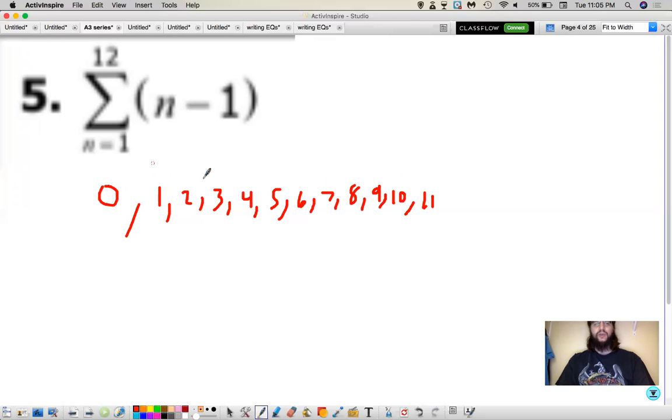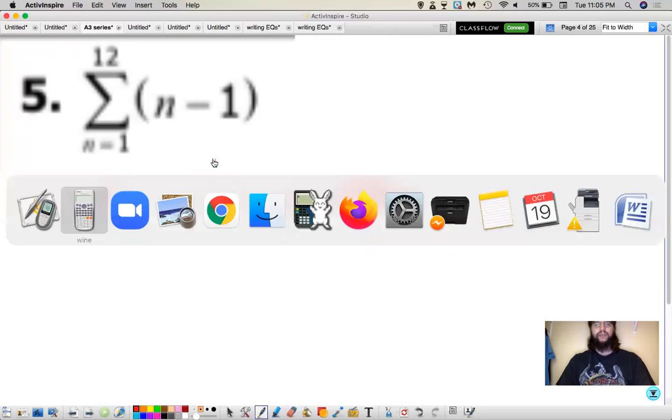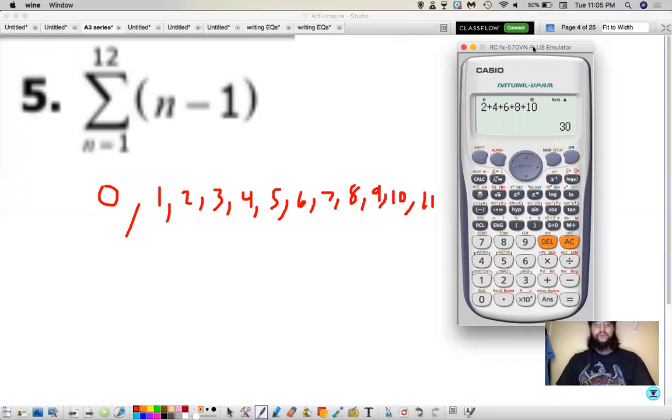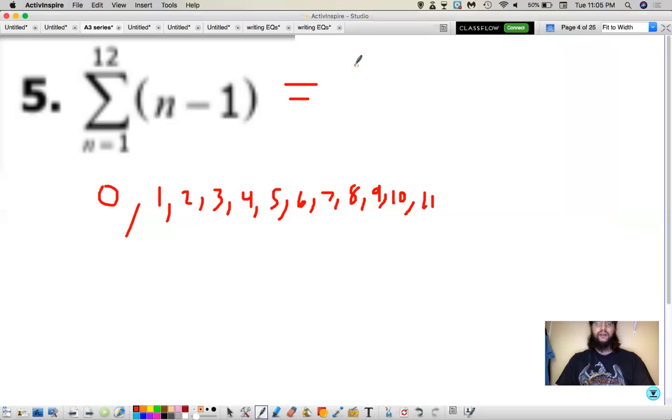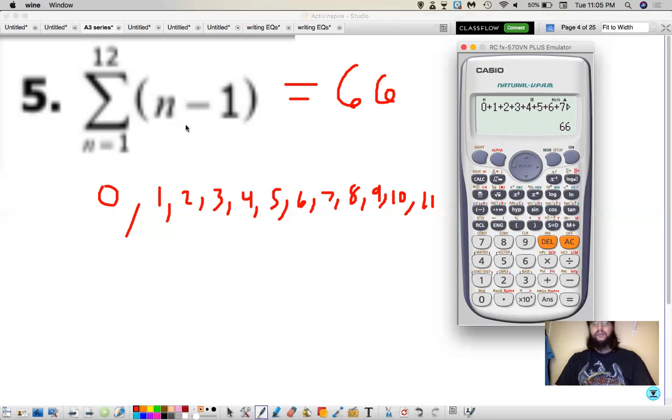So that's our first 12 terms of our sequence. We add those up. Oops, I guess I should put the 0 there, even though it's not going to make a difference. I'm going to go ahead and put it in there anyway. We get 66. So the sum of this series right here is 66. Now, I very well could have had a typo in there, but I think it's right.